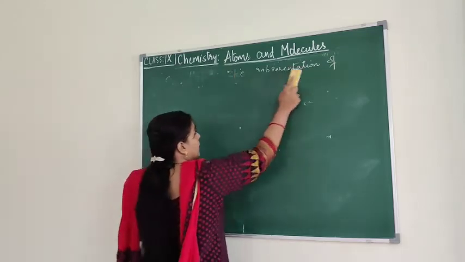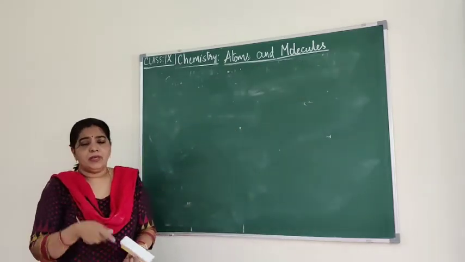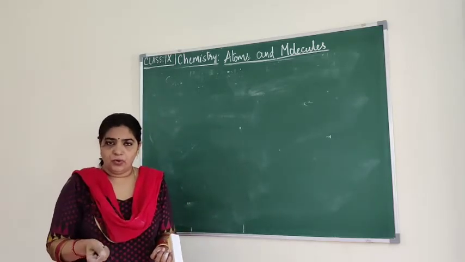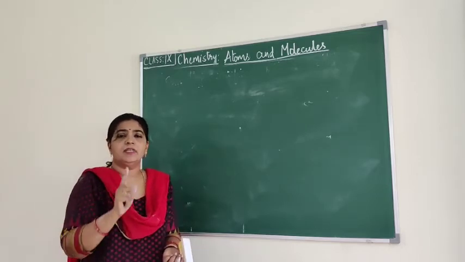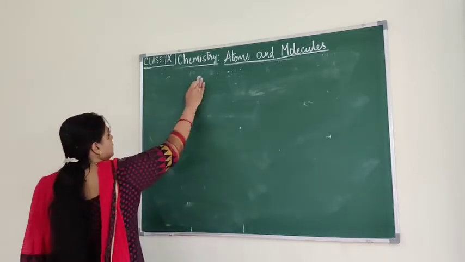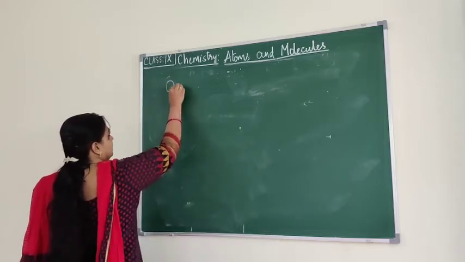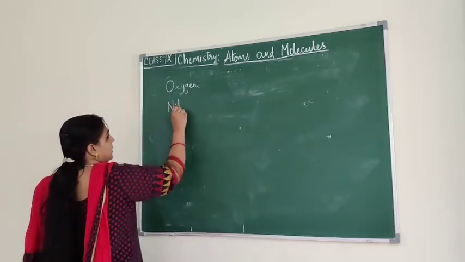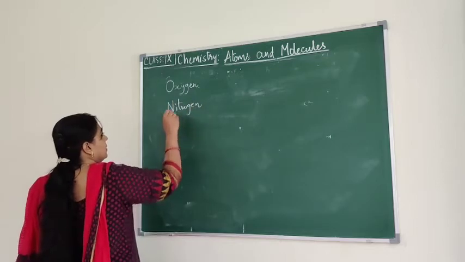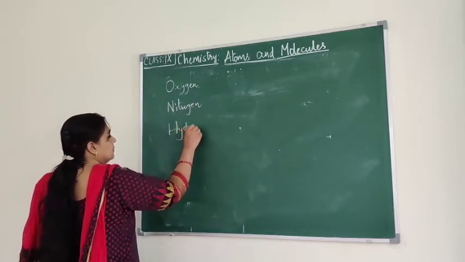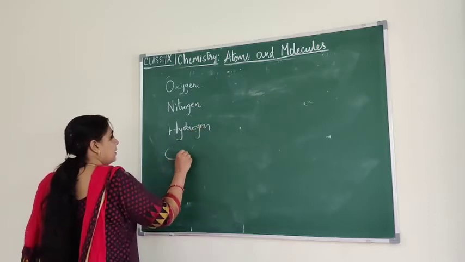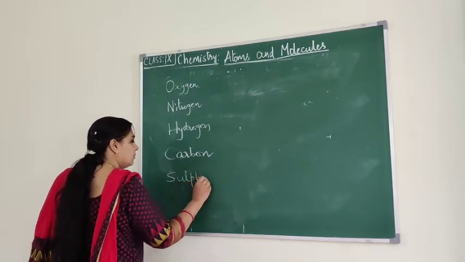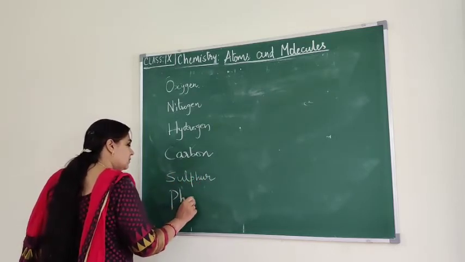We know that when we write the symbol, we take the first letter of that element. For a few elements, the symbol is just the first letter. So let us write that down. Let us take oxygen, nitrogen, hydrogen, carbon, sulfur, phosphorus.